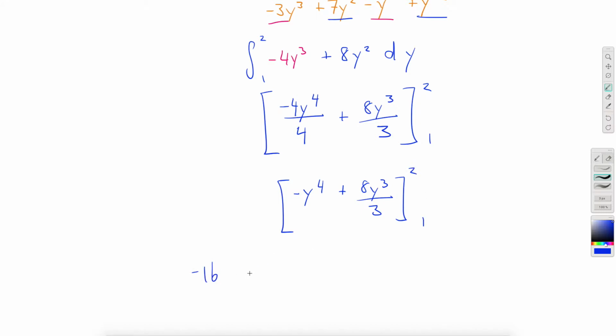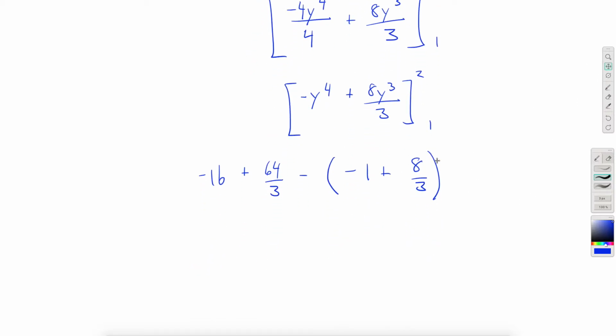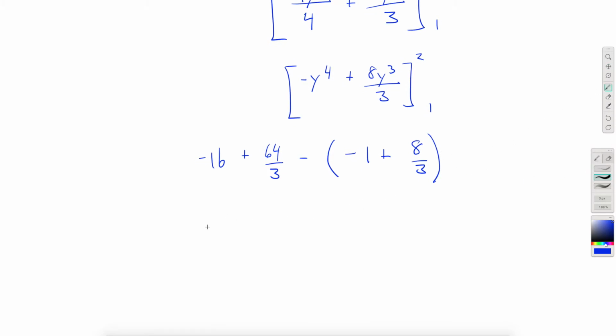That's negative 16 plus 64 on 3 minus negative 1 plus 8 on 3, which is the same as negative 16 plus 64 on 3 plus 1 minus 8 on 3, which is going to give you minus 15 plus 72 on 3.